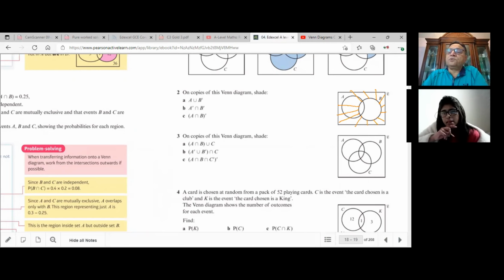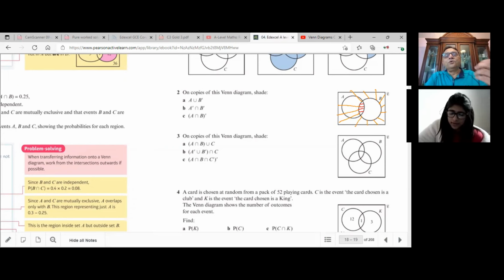As soon as you include A, you include this portion also, but that portion wasn't part of not B. You are saying whatever is not B is included and whatever is A is also included. So whatever I have shaded in now is included. You get the idea.